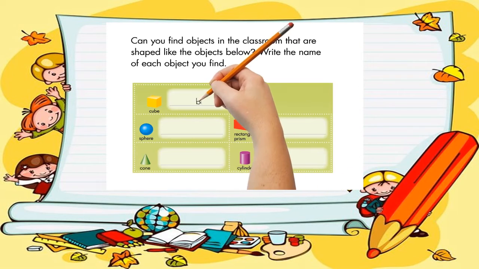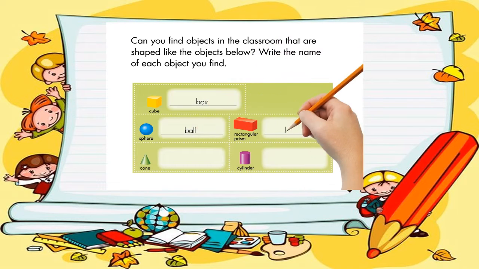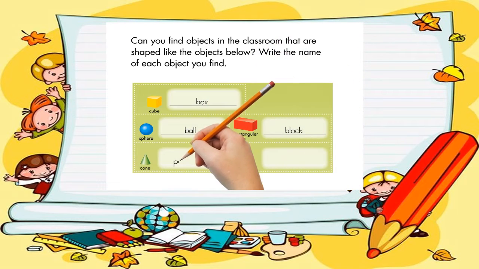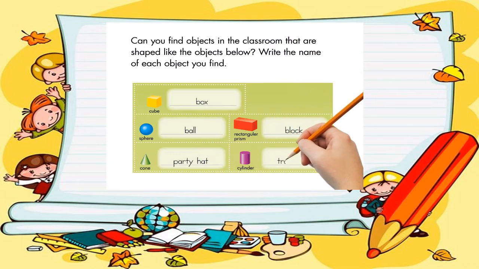Listen and look for other students who find an object that matches each shape. Listen for some of these students to explain why an object matches a particular shape. A box is a cube because it has 6 square faces. A ball is a sphere because it has no flat surfaces, no edges, and no vertices.